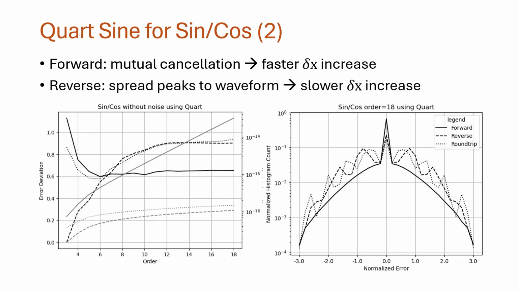When we look at the error distribution, we find the forward is more like a Gaussian, a normal distribution, with a peak at 0. Well, we see some structure on top of the Gaussian distribution for the reverse transformation, showing that the reverse transformation is more sensitive to the numerical errors in the quartz sine function.